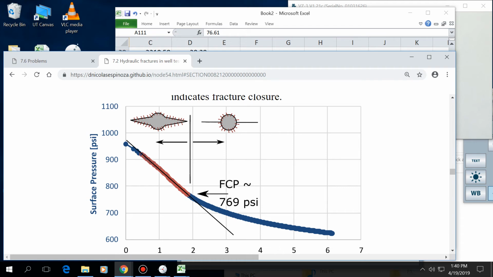And now this is a surface reading. This is the pressure that you need in addition to the one that already exists hydrostatically within the wellbore to open that fracture. So add the pressure that gives you that column of fluid, plus the fracture closure pressure, and that will give you the minimum principal stress.